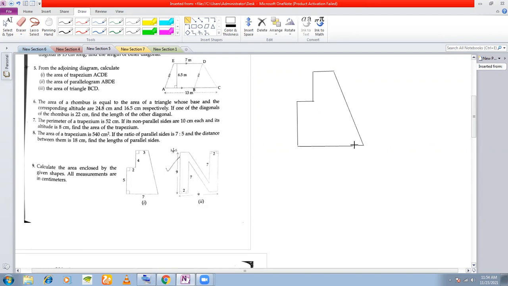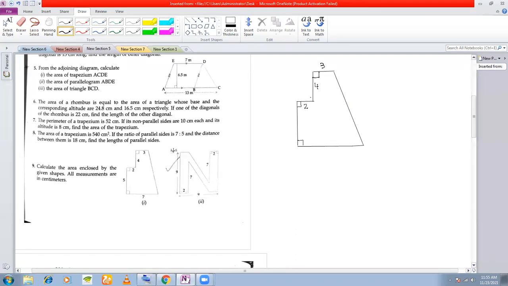This is 90 degree, 90 degree, 90 degree. This length here is 2 centimeters given. This is 4 centimeters given. And this length here is given to be 3 centimeters.